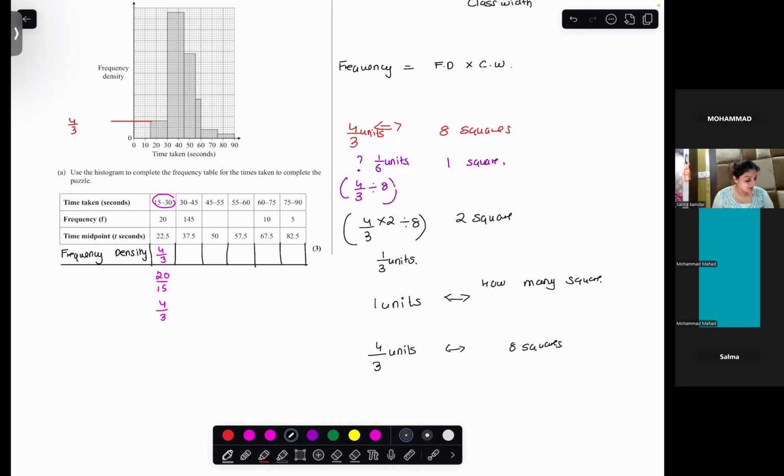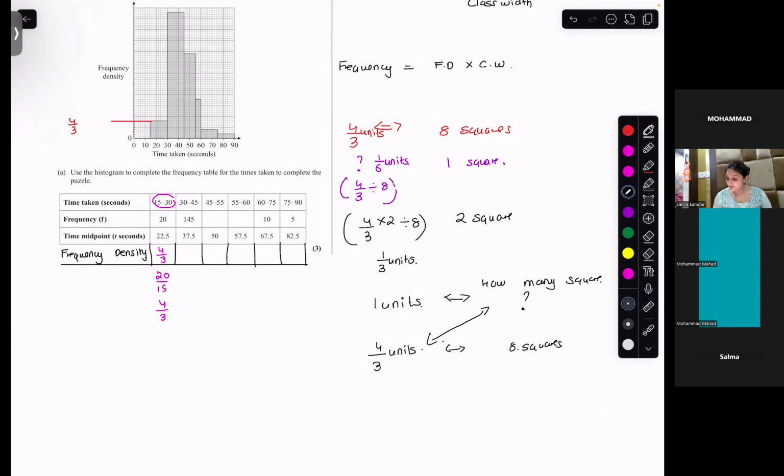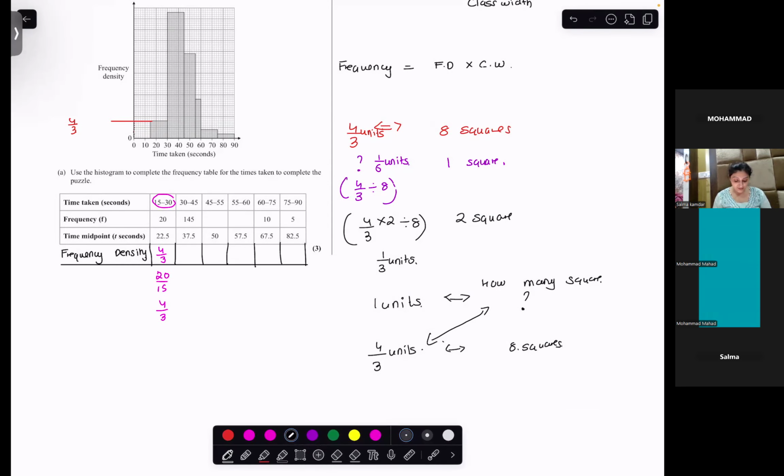So 1 unit would represent how many squares? Cross multiply. So 8 into 1 divided by 4 by 3 is going to give me how many squares 1 unit represents.